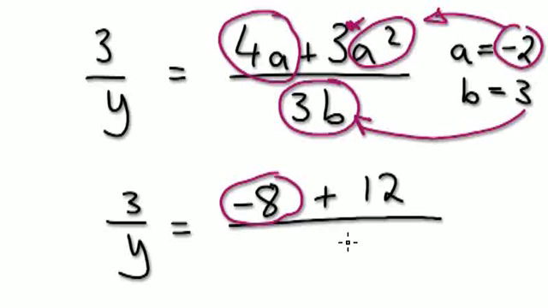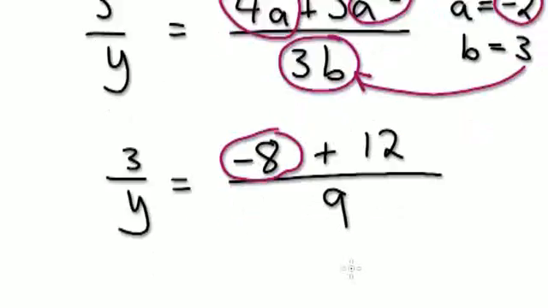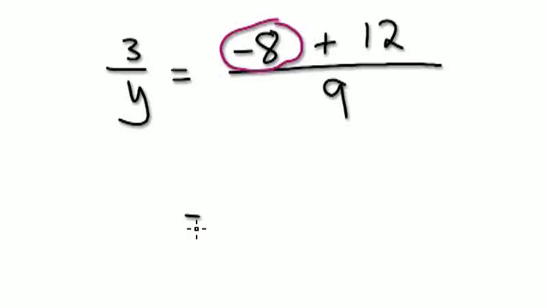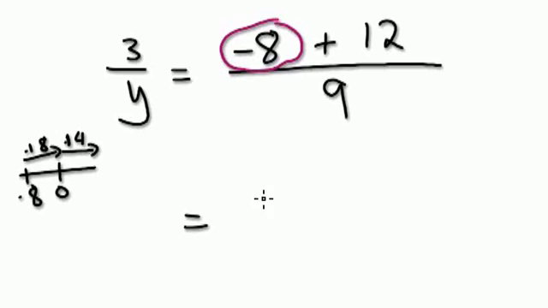So it's 3 times 3, which is 9. So now minus 8 plus 12. So remember, 0 here, you start at minus 8. Let's go back to 0, and then we need to add 4. So the answer will be positive 4 over 9.